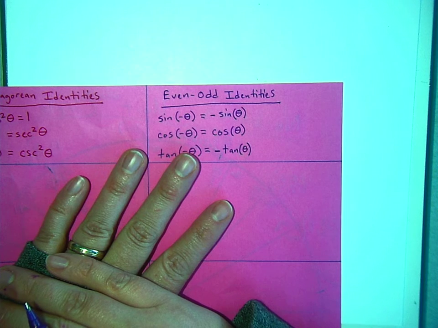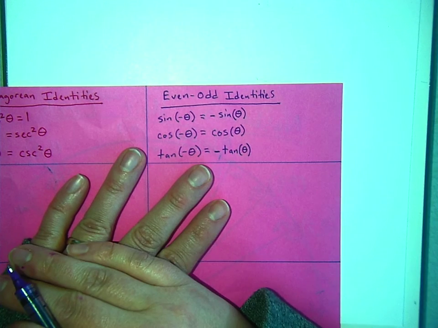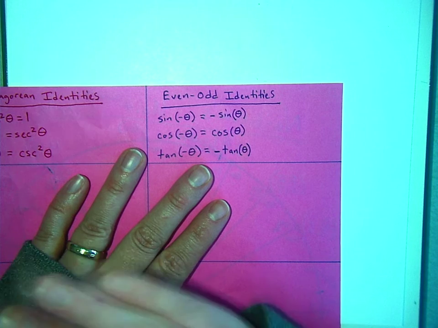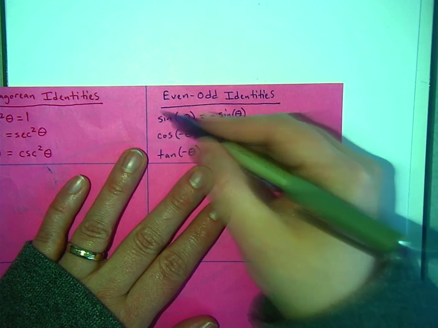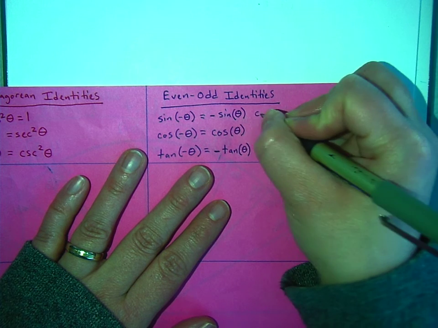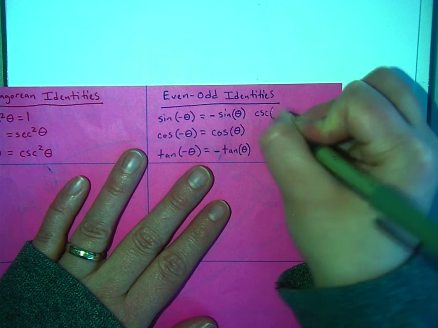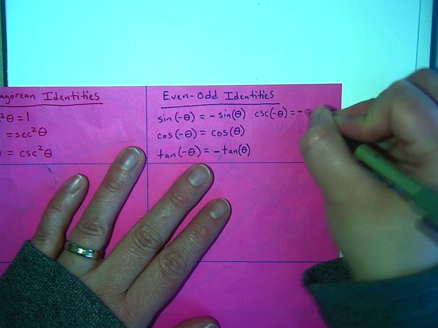All right, now just to write it out all the way, we're also going to do cosecant, secant, and cotangent. But what is cosecant the inverse of? Sine. So we're just going to copy the exact same rule right next to it for cosecant. The cosecant of negative theta is equal to negative cosecant theta.